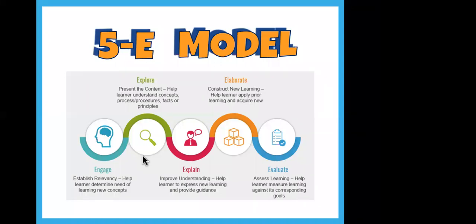And once our students have gone through the first 3 Es, they have a very good idea of what the content looks like. And now hopefully we want to help them elaborate. So maybe they can make connections to the real world, connected to different content areas. The last E is evaluate, but we do not wait until the very end to evaluate. Of course, we have been evaluating through the entire process, but we do have to have some kind of end product to make sure that the learning has taken place.